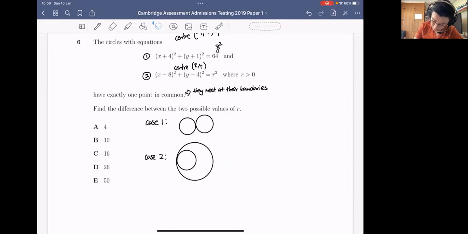So let's say this was our first circle, and this is our second circle, and this was our first circle, and this is our second circle. This is 8. And whatever this is, R. I'll do this instead with red line. Hopefully that is still okay for people to see. Let's make that R.